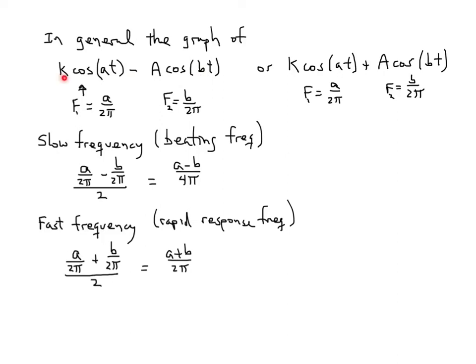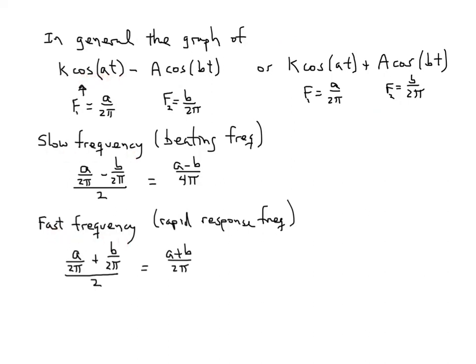The fact that these amplitudes are different will not affect the frequency of vibration. In the example as I did previously, I had the same amplitude in both cases, and probably it would have been a better illustration had I had them as different amplitudes. But it will not affect the fact that there will be beating, and that there will be a slow frequency and a fast frequency.